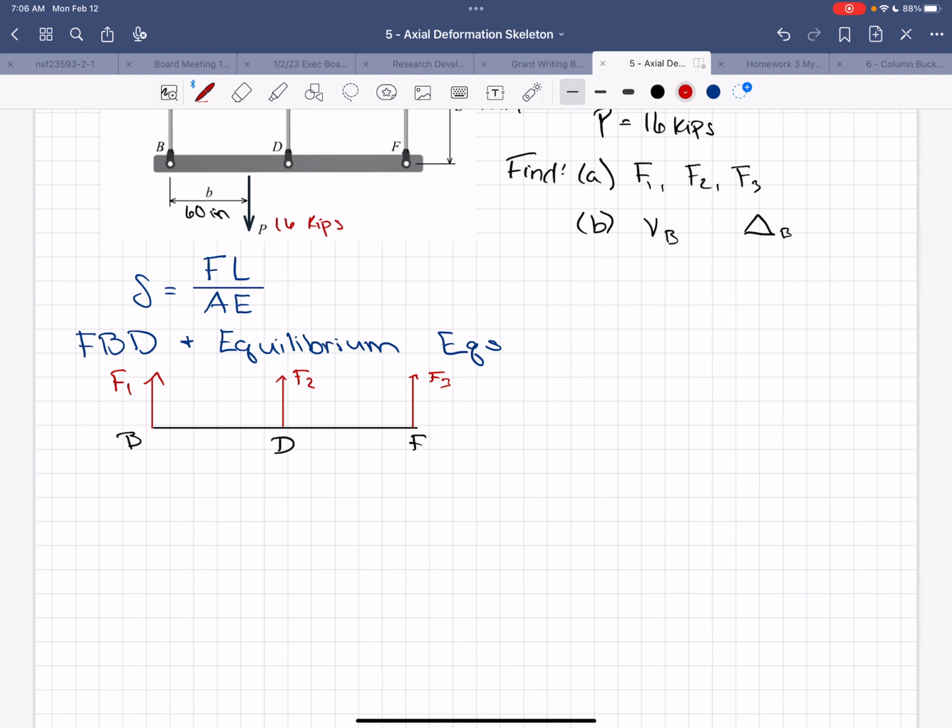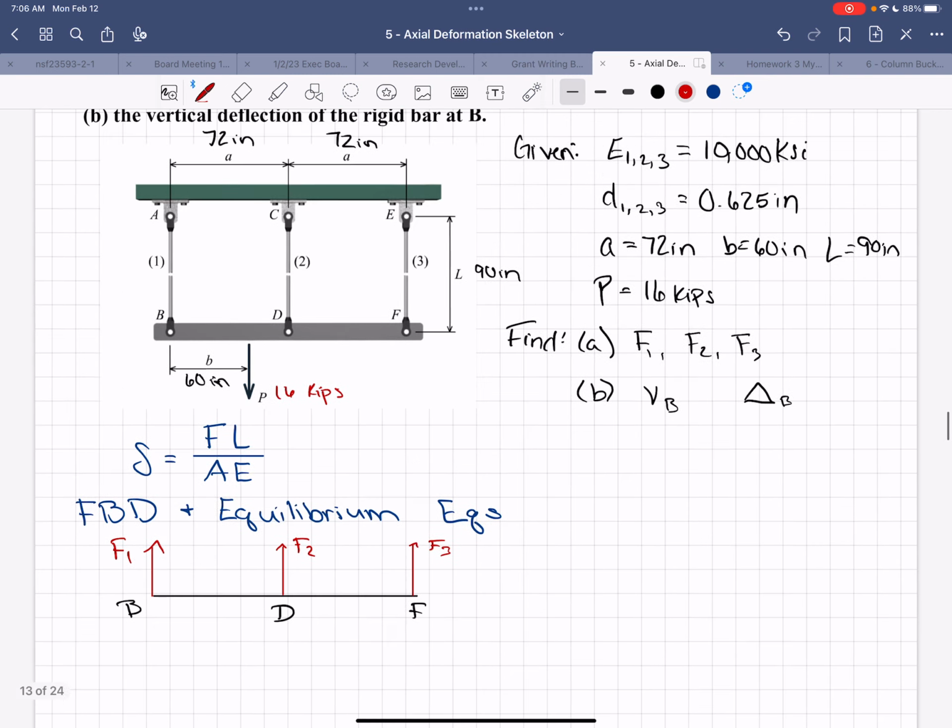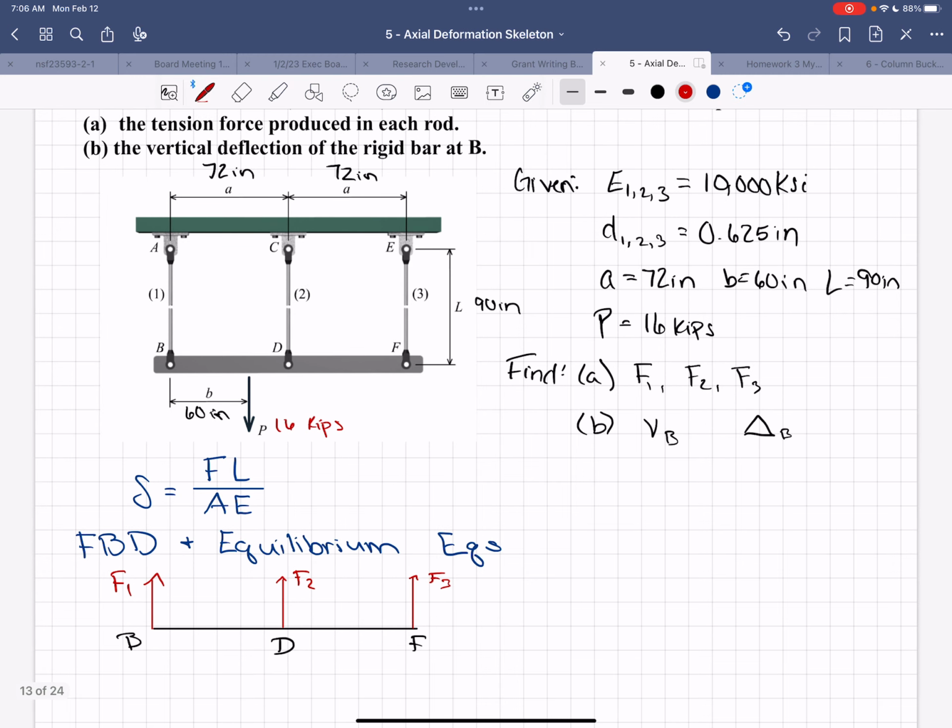So everything about these bars is the same: the length, the area, the elastic modulus. But the force is going to change for all three, because P is over here in between B and D. So we can expect that F3 would be the smallest, and then probably F2 is going to be the largest, and F1 will be the middle force, but we'll find out.